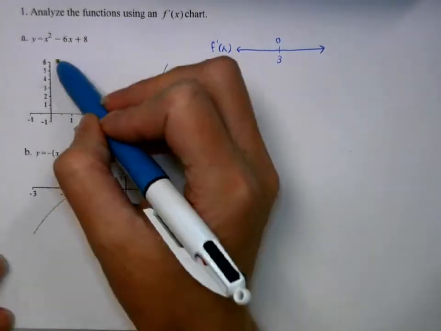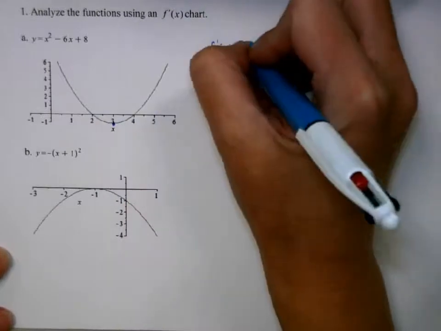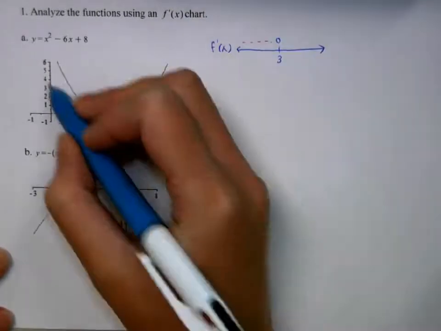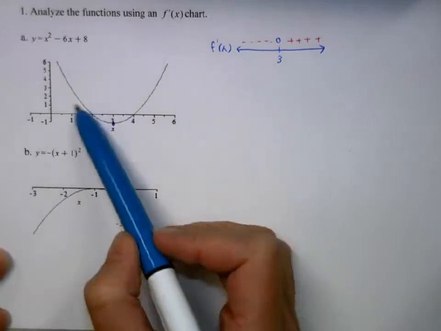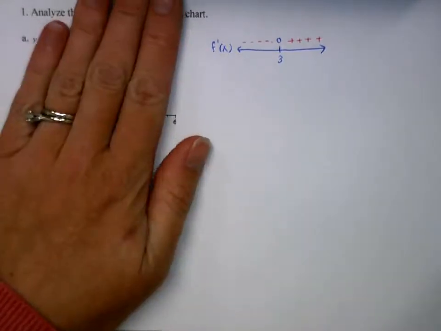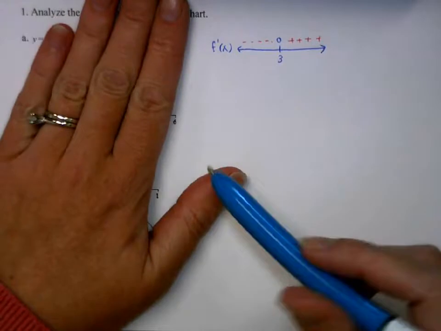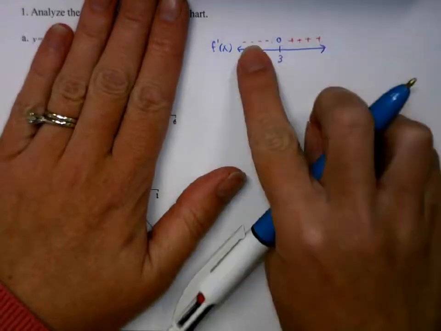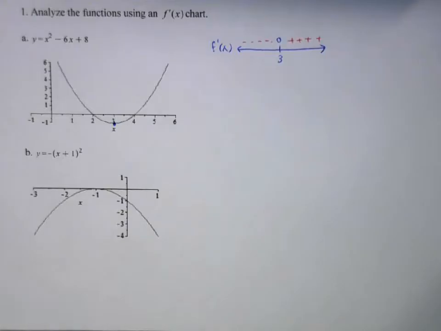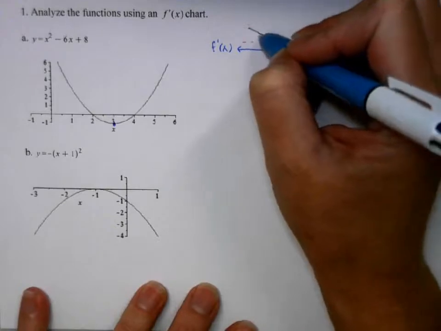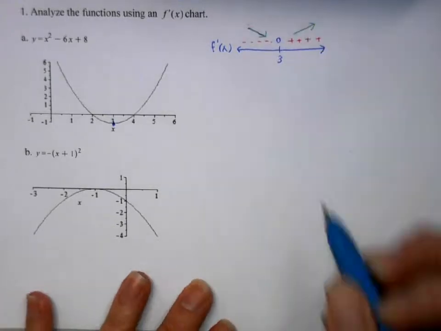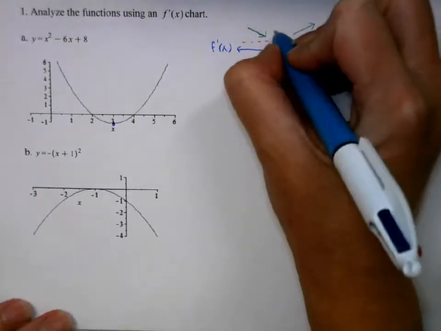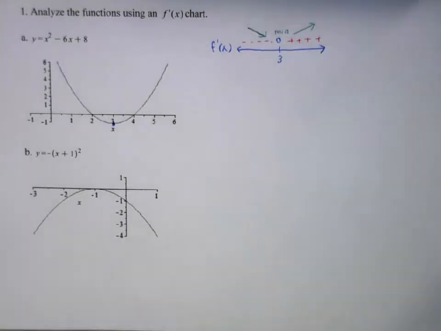It's decreasing slopes here, so we're going to have negative here and then positive here. This is what the graph looks like. But if we didn't have the graph, this chart would give me that information: if the derivative is negative, my function is decreasing. If my slopes are positive, or my derivative is positive, my graph is increasing, which means we have a local min here.